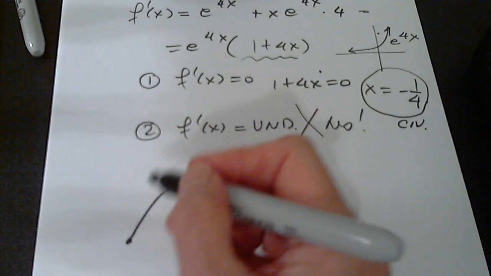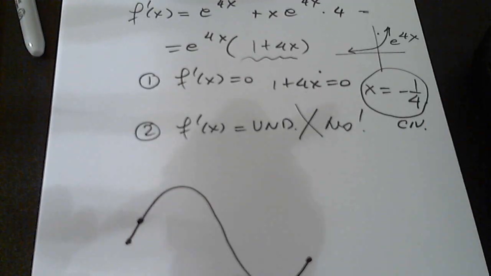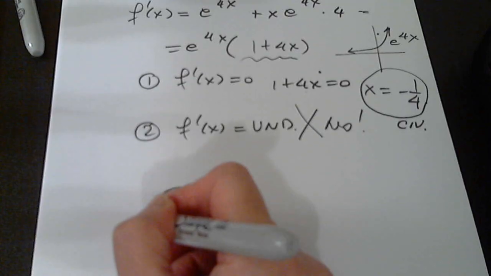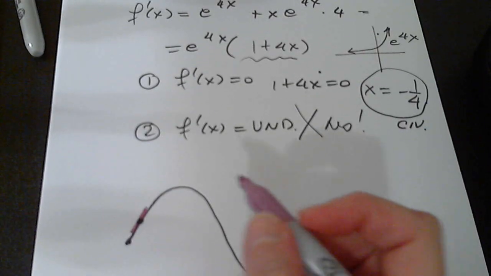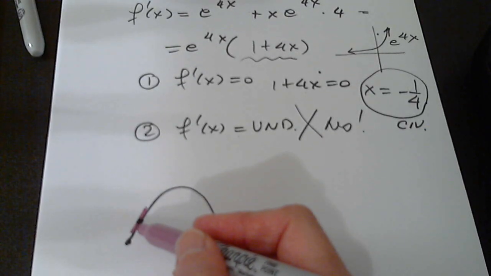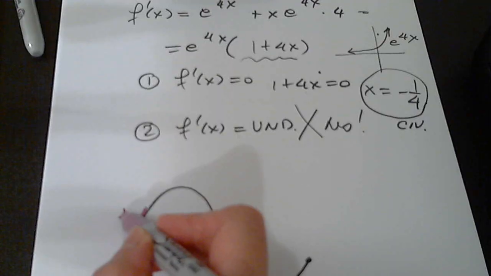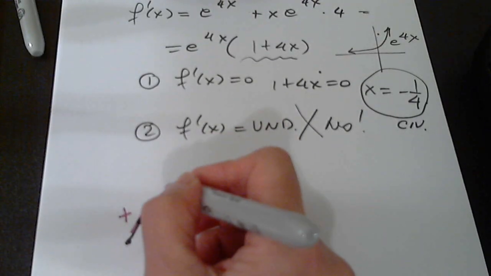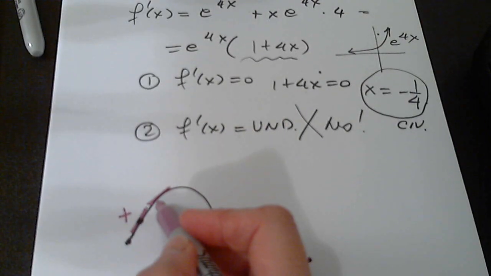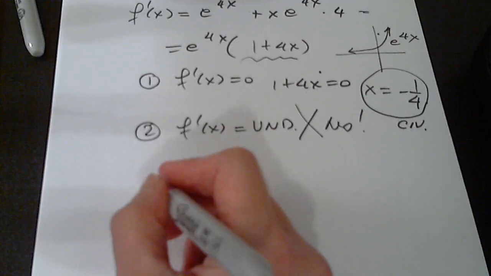Notice what happens here. At this point, if I want to draw the tangent line, can you tell me if the tangent line has a positive slope or a negative slope? This one. Positive? Yes. What about here? Positive? Of course.